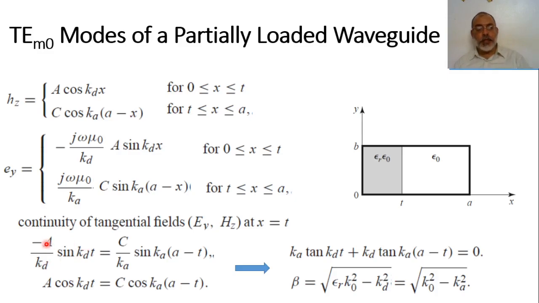So by eliminating the coefficients a and c, this can be done by formulating the problem as a matrix multiplied by the vector a and c equals 0. So in this case, to obtain the values of a and c, the determinant of this matrix should be 0.